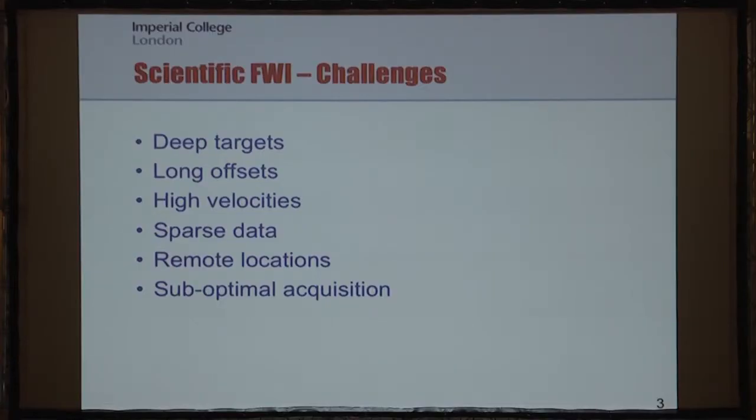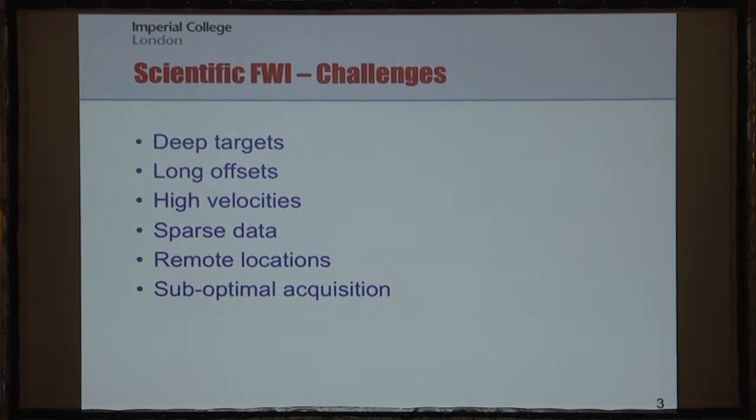A couple of other things. Often the locations that we're going to want to study with scientific FWI are remote, by which I mean they're often remote from the places that people are doing petroleum exploration. So if we want to take the same equipment, the same ships, if we want to use those from the petroleum industry, they're often a long way away from the places that those ships are typically located.